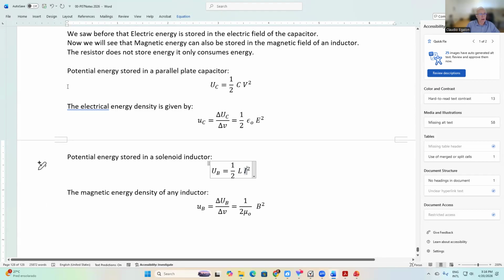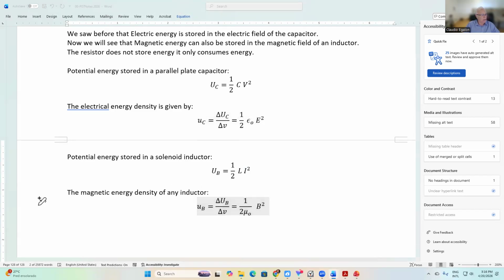If you memorize this one, you're going to be able to memorize this other one. The only difference is that instead of multiplying by epsilon naught, you divide by mu naught.